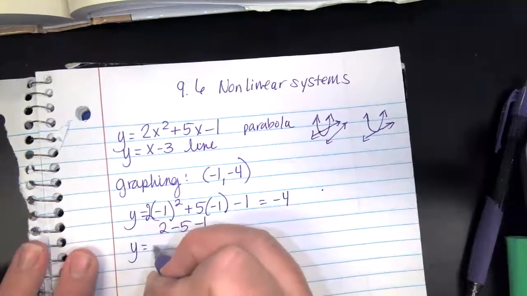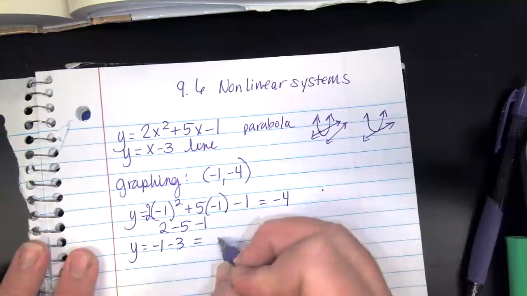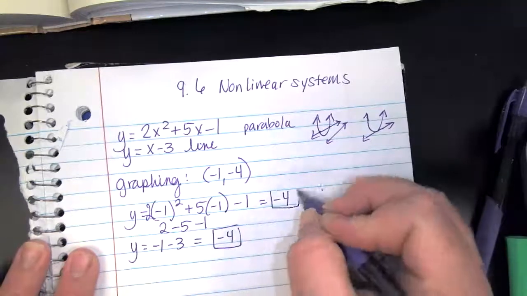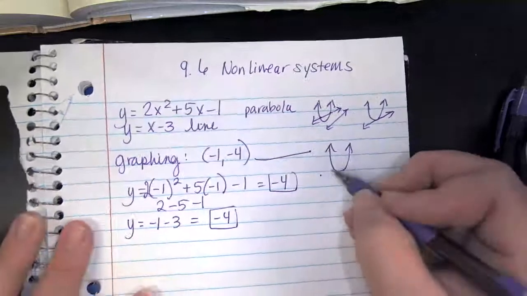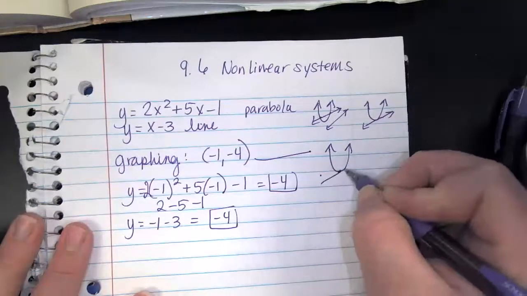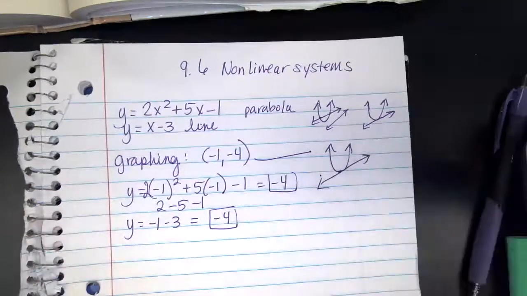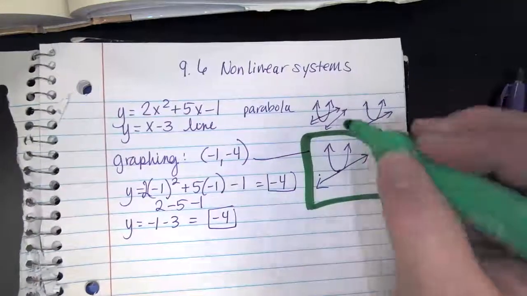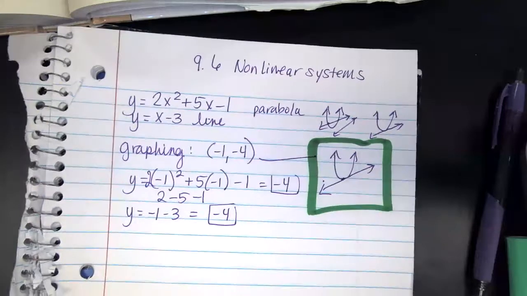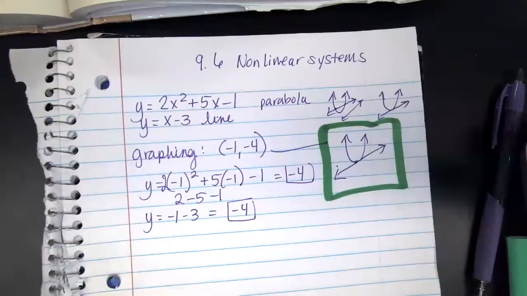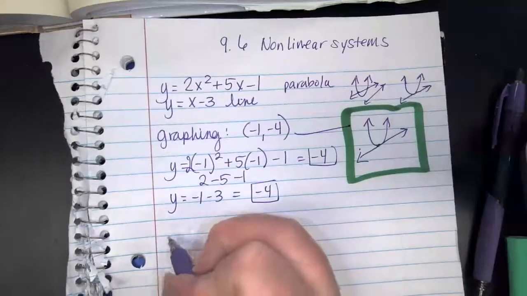And y is equal to -1 minus 3, which is -4. Yay! That's my point of intersection. I'm going to do a quick sketch and just kind of box it in. Do you see where that might not be the best way of doing this? Okay, let's try another one.